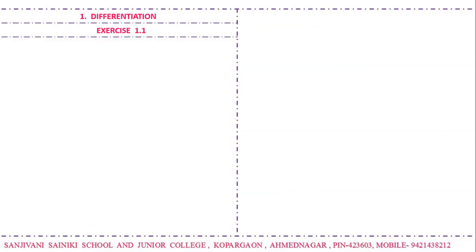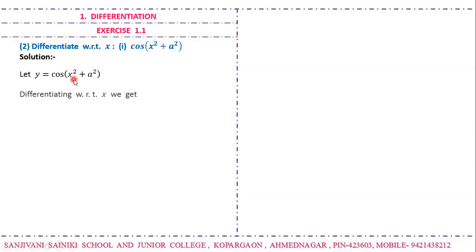Next, differentiate cos of (x square plus a square). Let y be equal to cos of (x square plus a square). Now differentiate with respect to x. Here dy by dx is equal to cos of f of x, where f of x is our function. So what is the derivative of cos?